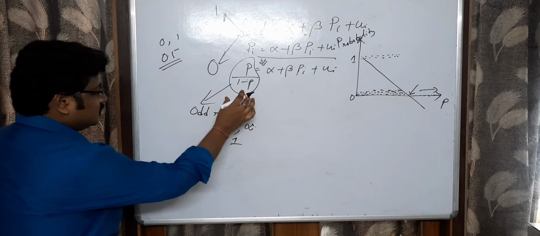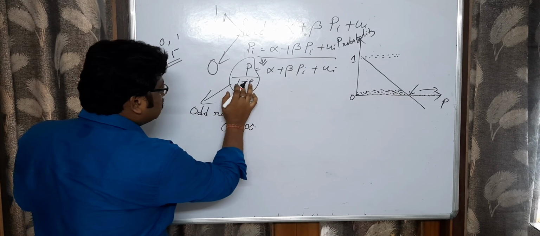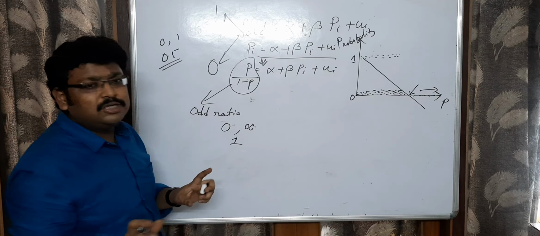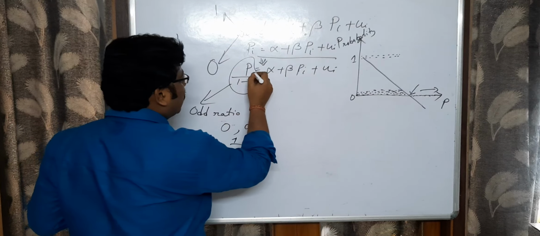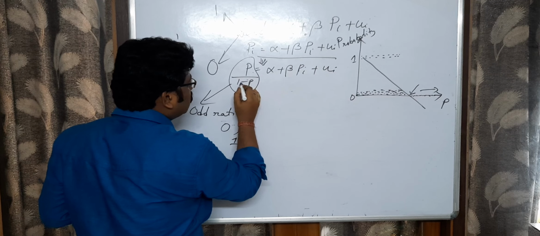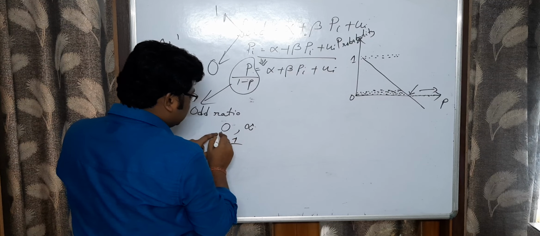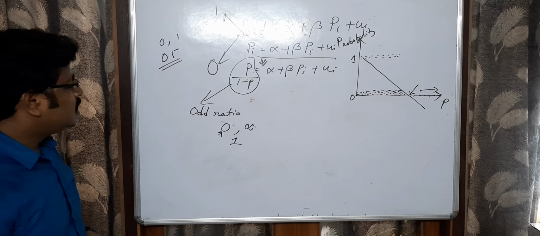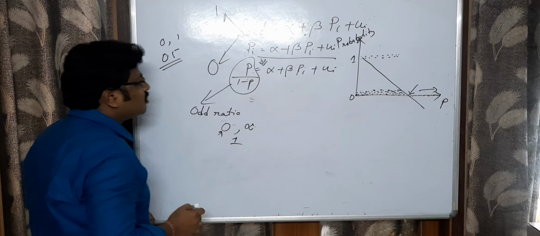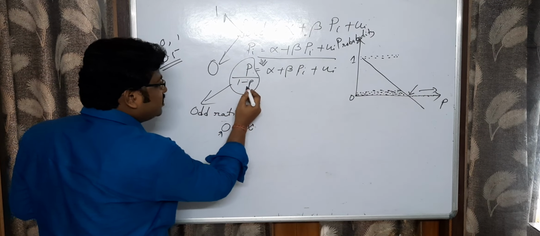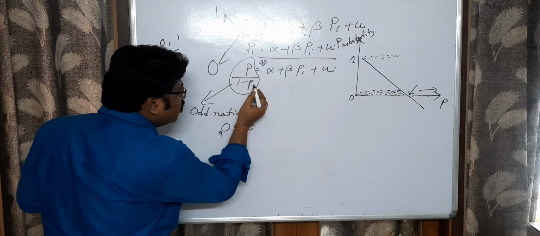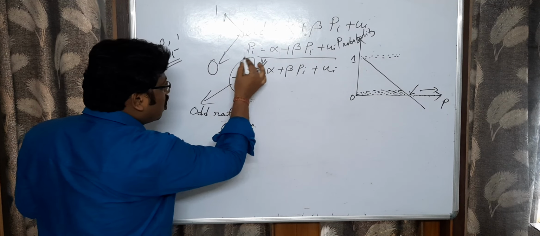How? Suppose the probability is near 0.01. It is nearly 0, very small, so 0 divided by 1 is 0. So the extreme point is 0. Now if it is 0.98, then 0.98 divided by 1 minus 0.98, and this part is nearly 0, so the value of this odd ratio is infinity.